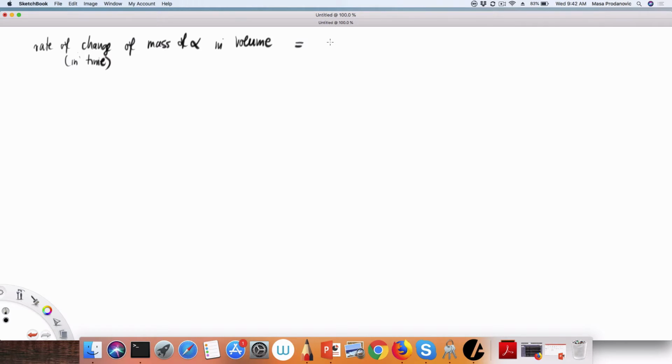dm, and that is actually d rho alpha dt. Since my volume is not changing, I'm gonna write down what it is because I'm gonna be dividing by it.